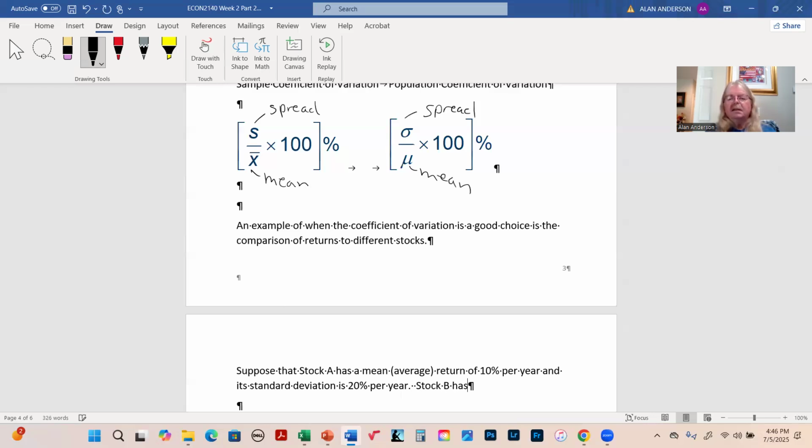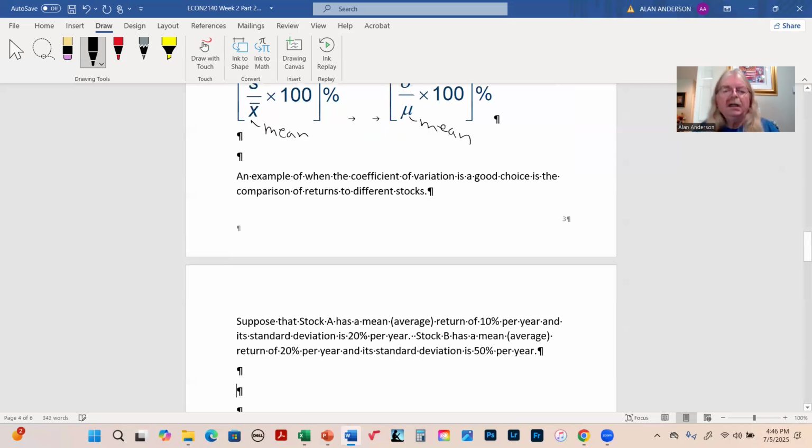Stock B has a mean or average return of, let's say, 20% per year, which sounds great, but its standard deviation is 50% per year. Now, you might look at the two and say, well, I would definitely want B. I mean, who wouldn't want B? It's got the higher return, but guess what? It also has a lot more risk.